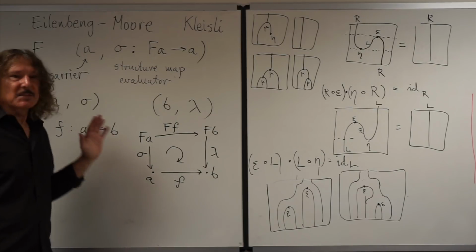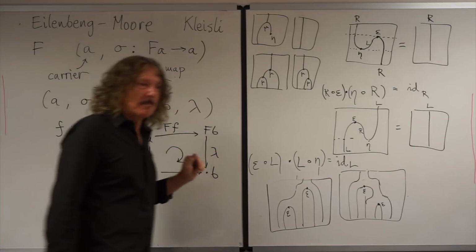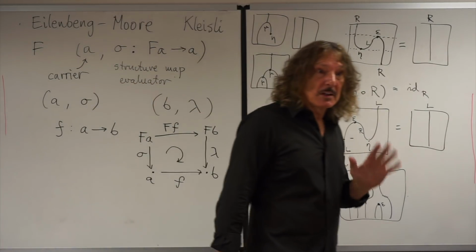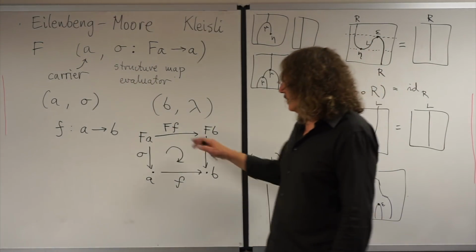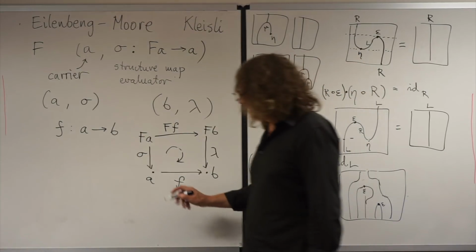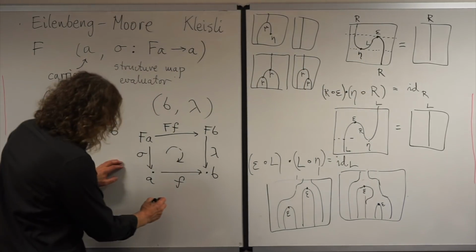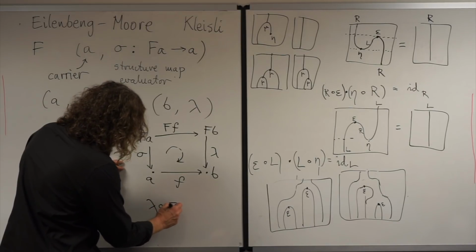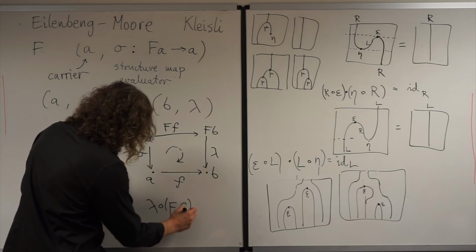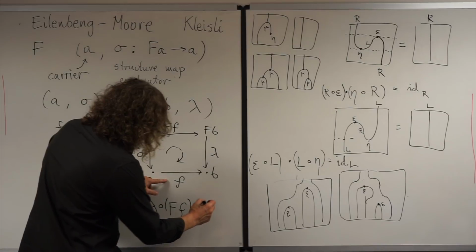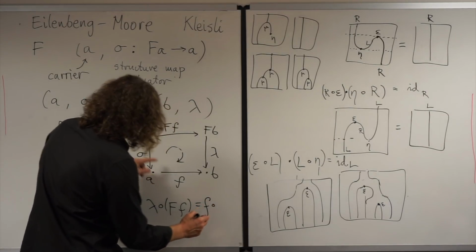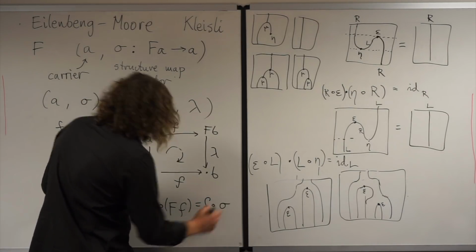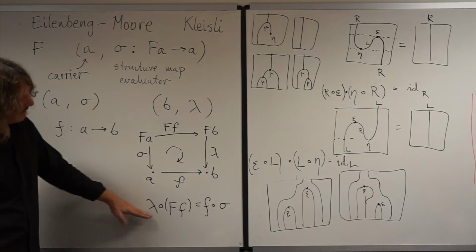So it will be a subset of morphisms from C that preserve the algebra. So this is a very important thing. Let me rewrite it actually as lambda after F f equals f after sigma. All right? That's our condition.